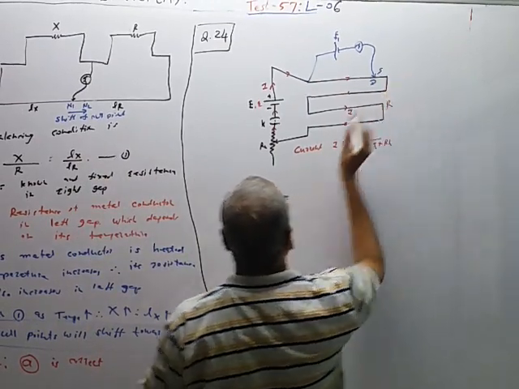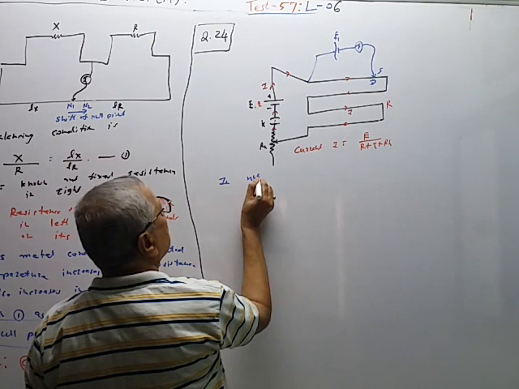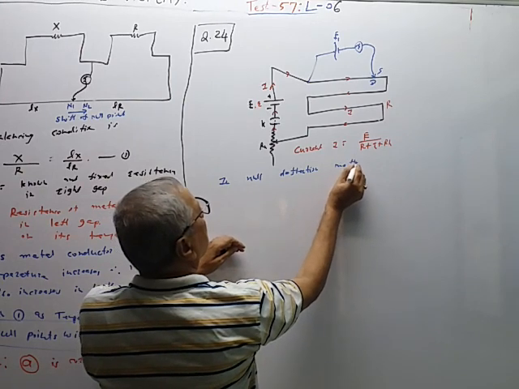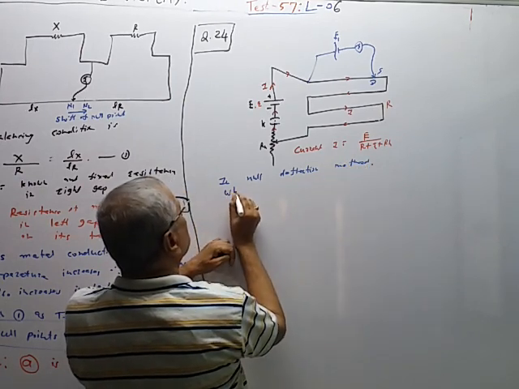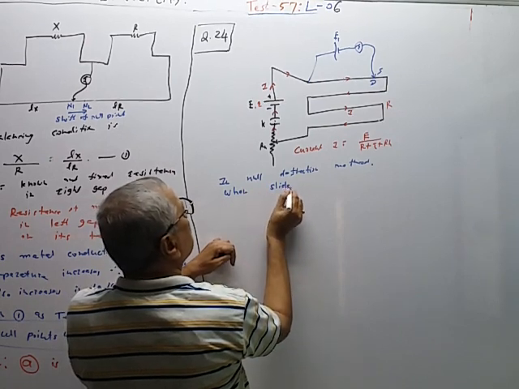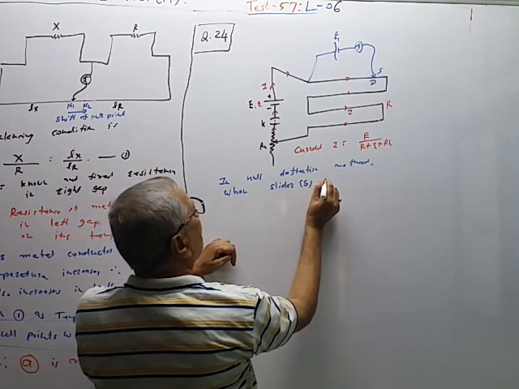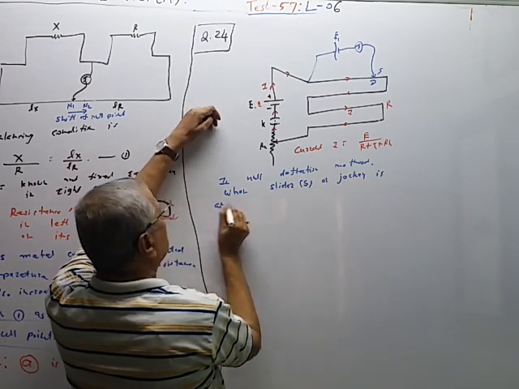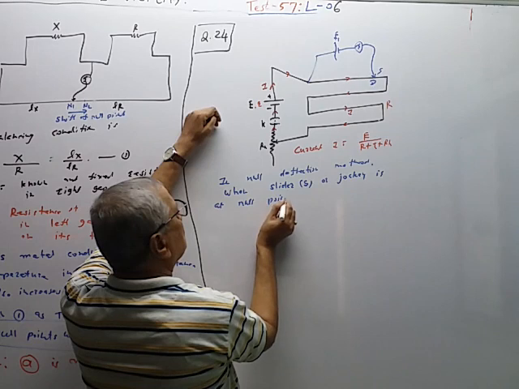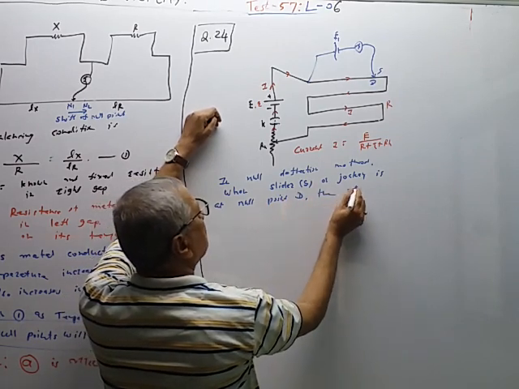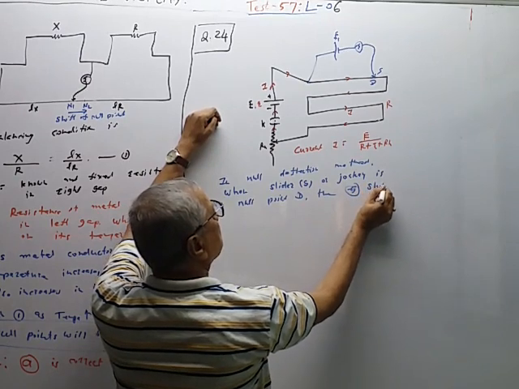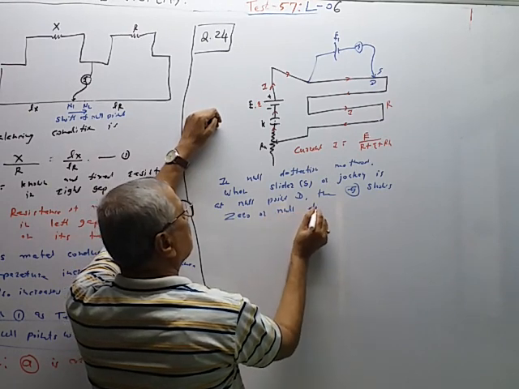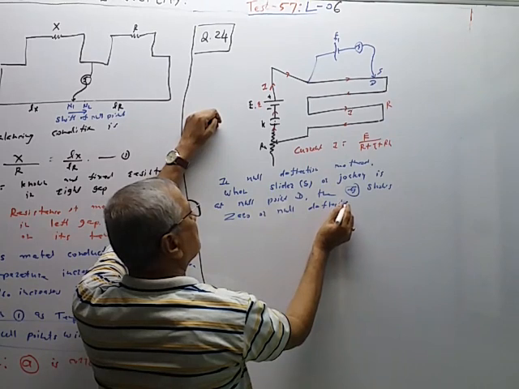This is slider S. In the null deflection method, when slider S, or it is also called a jockey, is at null point D, then the galvanometer shows zero deflection, zero or null deflection, and therefore it is called the null deflection method.